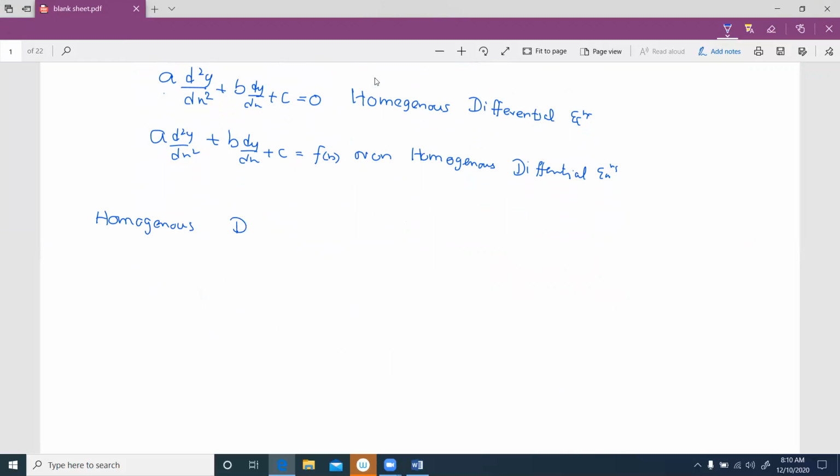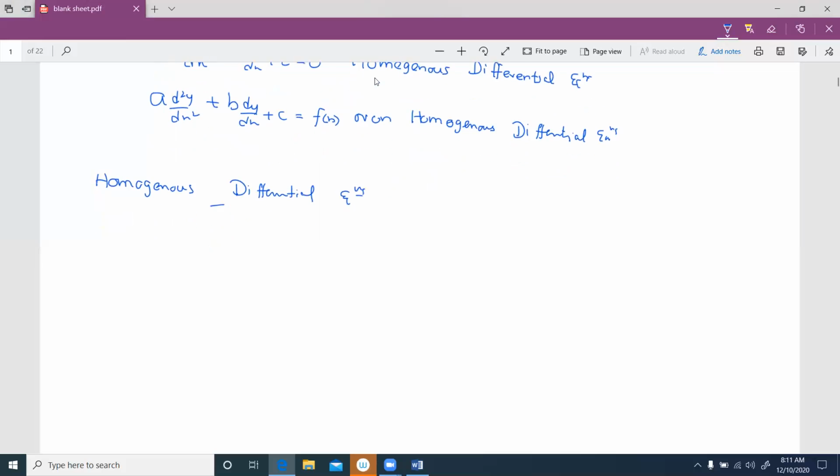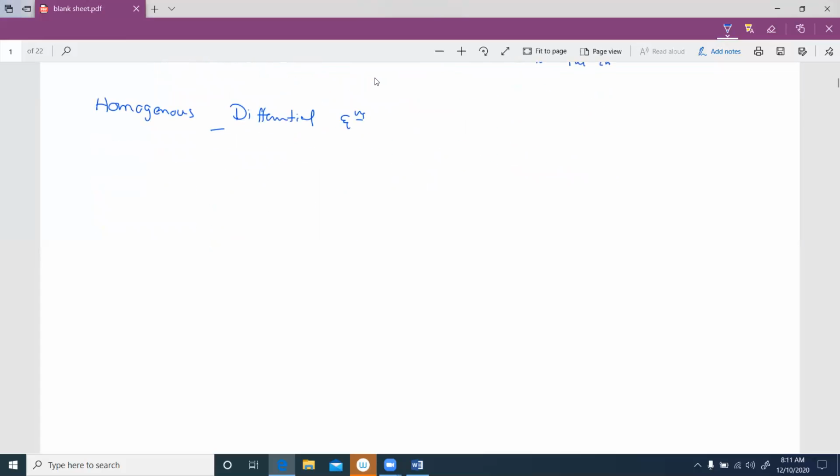If you come up with a homogeneous differential equation, let's see how to handle it. We will take one example and show you how to do this.